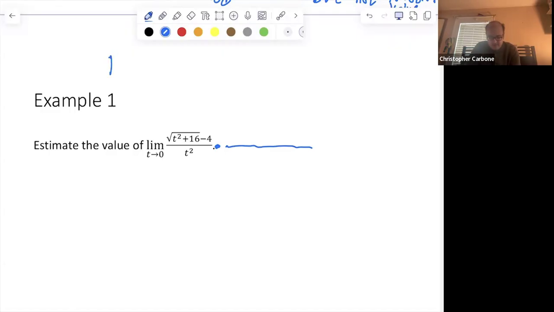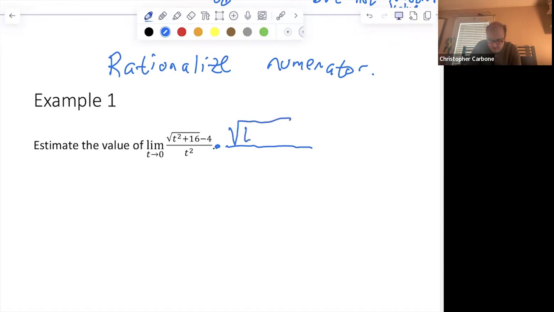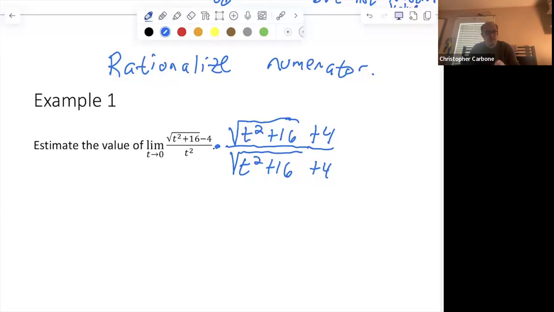Let me just write that out just so we know what we're doing: rationalize the numerator. So that would be the conjugate, the square root of t squared plus 16 plus 4, divided by the square root of t squared plus 16 plus 4. This gives us the other conjugate value here and allows us to multiply and simplify it a bit nicer. So this is the limit as t approaches 0.